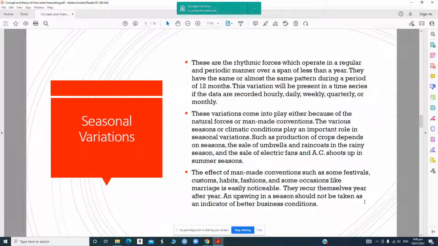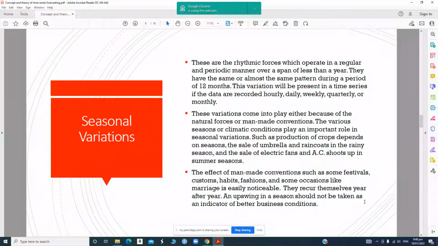So this variation comes into play either because of some natural forces or some man-made forces. Take, for instance, the various seasons or climatic conditions that play an important role in deciding our harvest. For instance, production of crops depends on seasons.